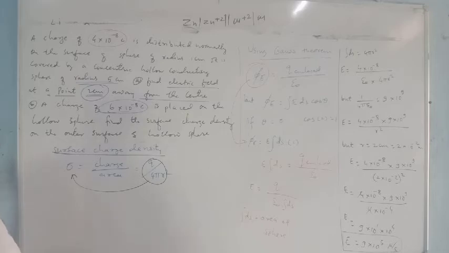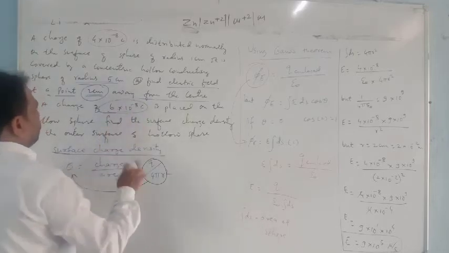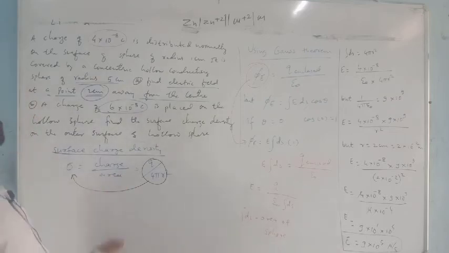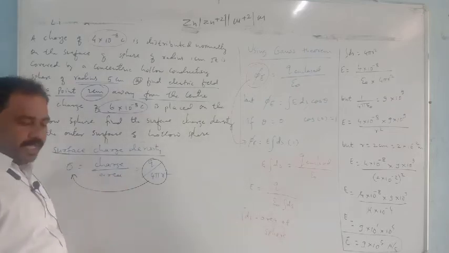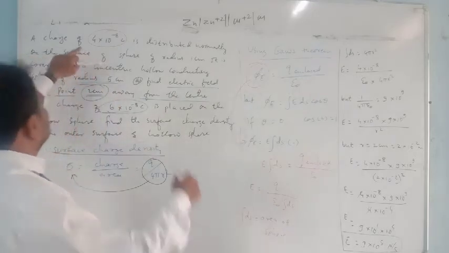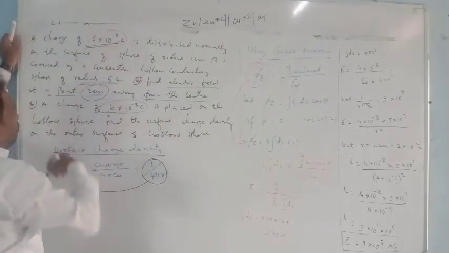Now the question may arise here: a charge of 6 into 10 to the power minus 8 coulomb is placed on the hollow sphere. Okay, so already there is a charge, that is 4 into 10 to the power minus 8.